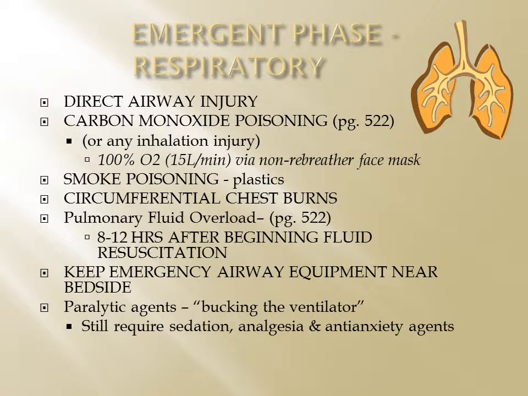You want to watch for pulmonary fluid overload that can happen 8 to 12 hours after beginning fluid resuscitation. That is on page 522 also. You want to keep emergency airway equipment near the bedside, and you may have to use paralytic agents if the patient is bucking the ventilator. They still require sedation, analgesia, and anti-anxiety medications.